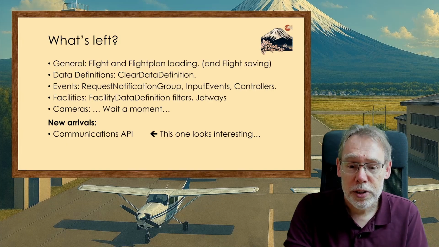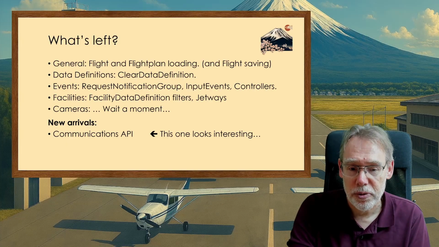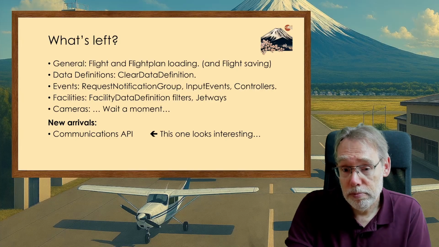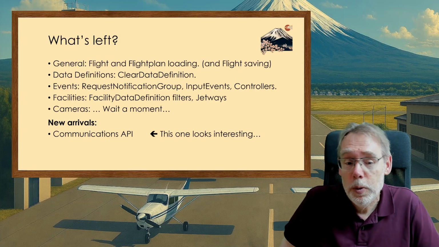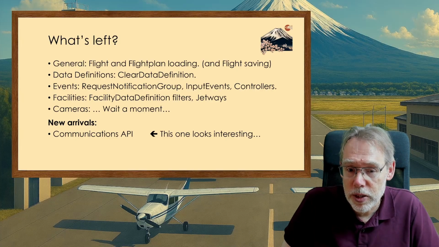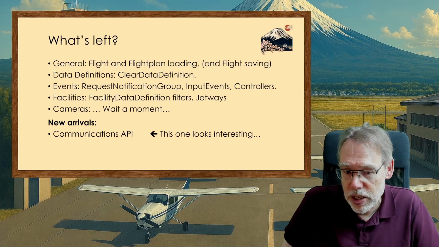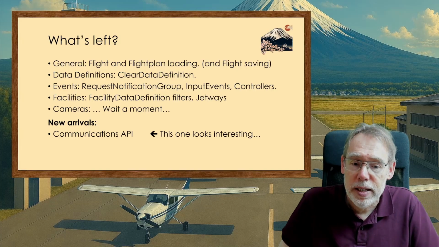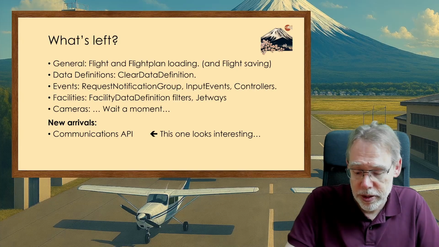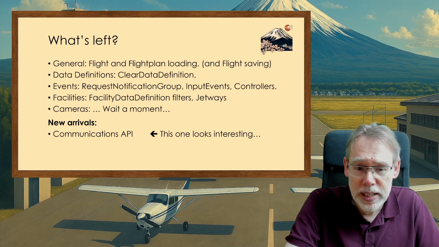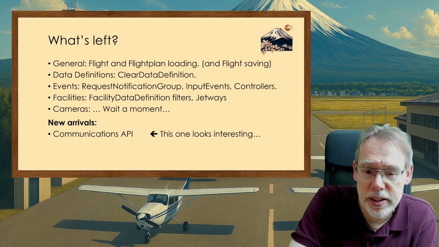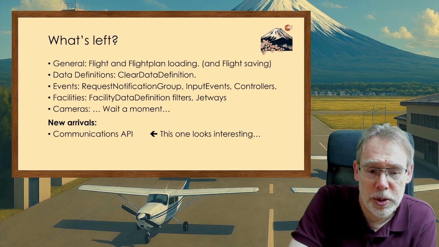So it is meant for having different parts of your add-on on different, say, platforms, whether it's using SimConnect or the WASM API or the JavaScript API, and let them communicate with each other.